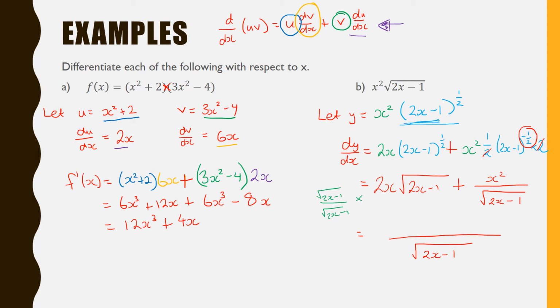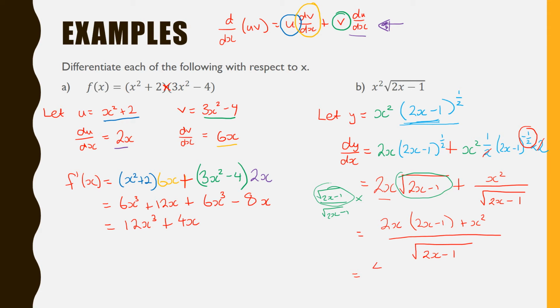That gives me the denominator. In the numerator, square root of 2x minus 1 times square root of 2x minus 1 will just give me 2x minus 1. So I get 2x from this part here, multiplied by 2x minus 1, plus x squared.